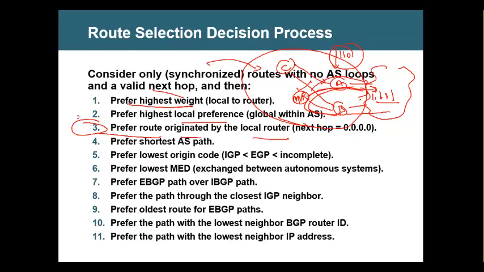If these two are a tie, when the next stop is 0.0.0.0, I've shown you, Cisco will increase the weightage automatically to 32768 so that there is no more tie. This will become a tiebreaker.